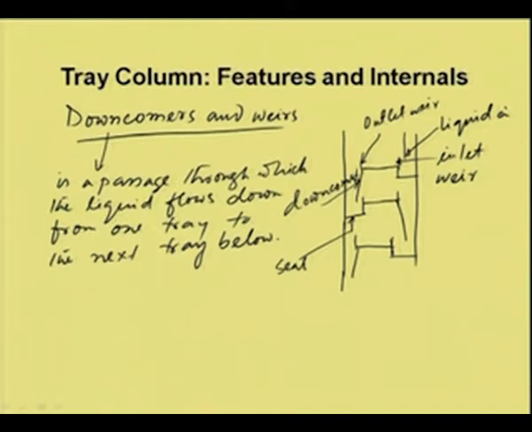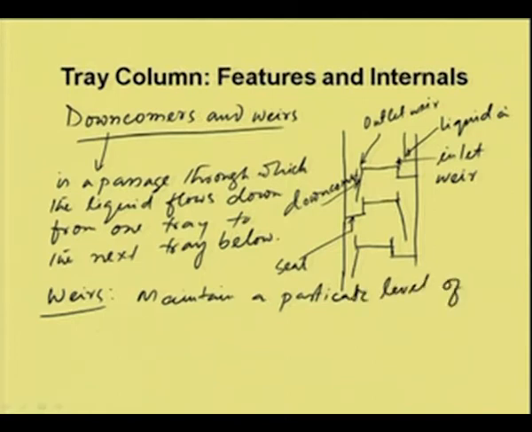And the depth weir, basically we use the weir to maintain a particular level of liquid on a tray, so that the gas bubbles through liquid and there is an intimate contact between the gas and the liquid.